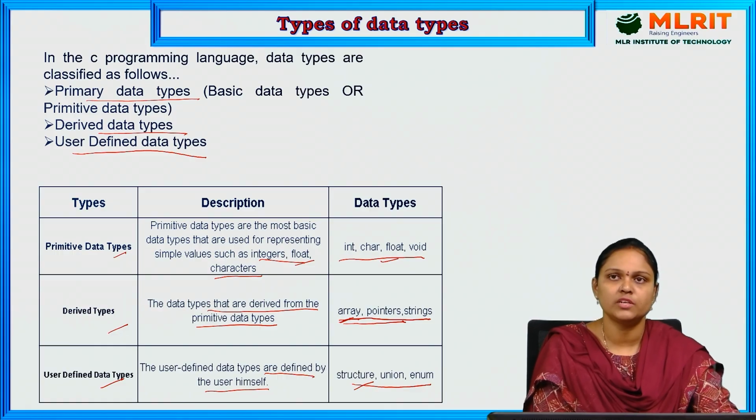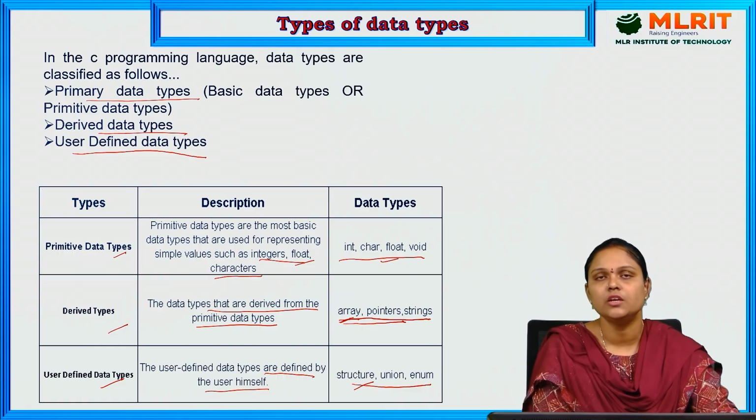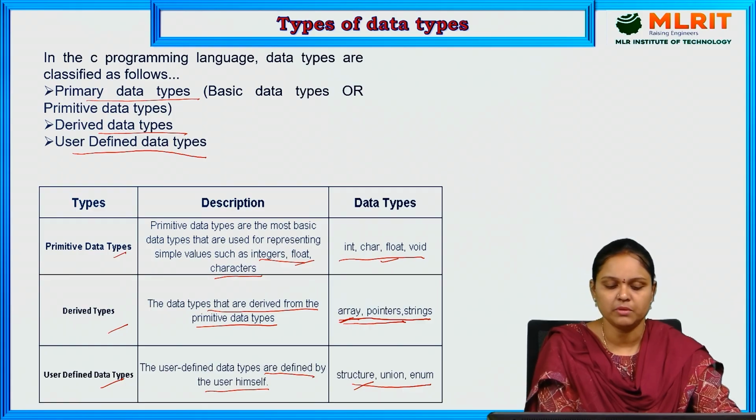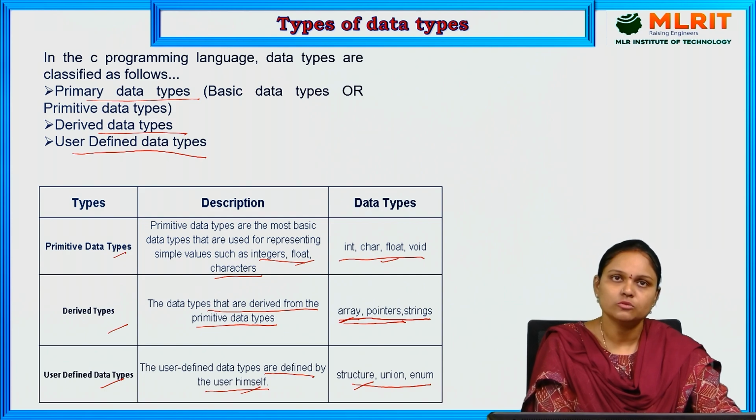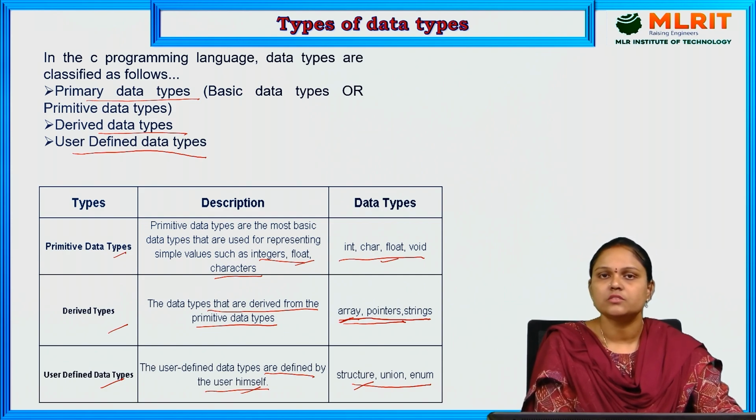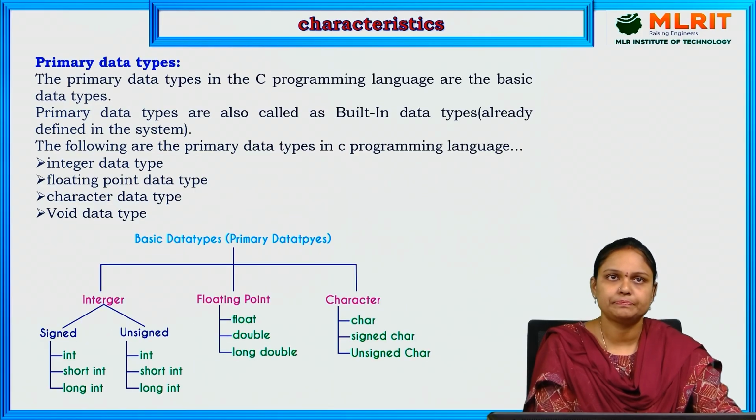A complete student record we can store in the structure and union data types. So that data can be defined by the user himself. Whatever kind of data he requires, only that particular information we can store by using these structure and union data types.